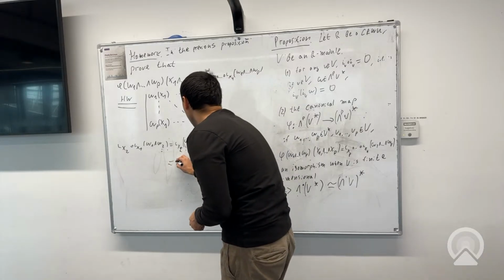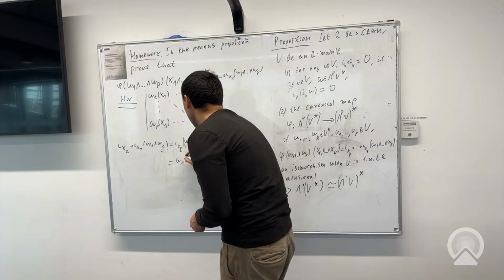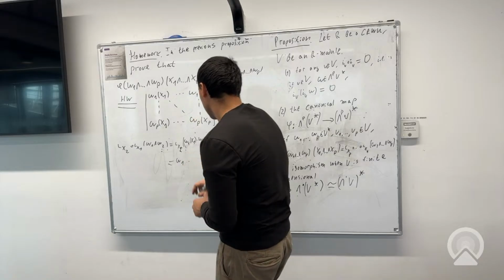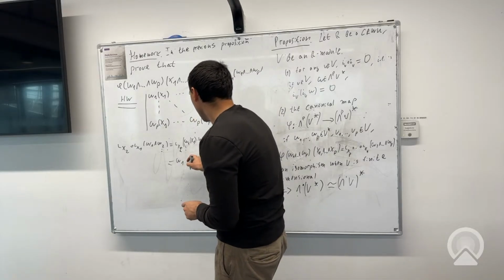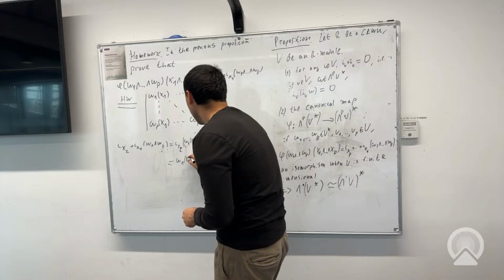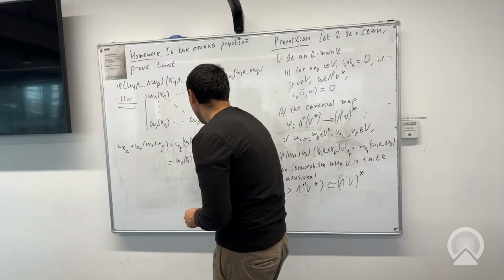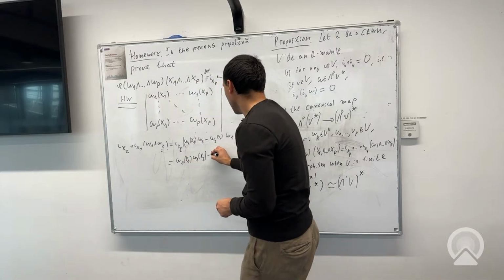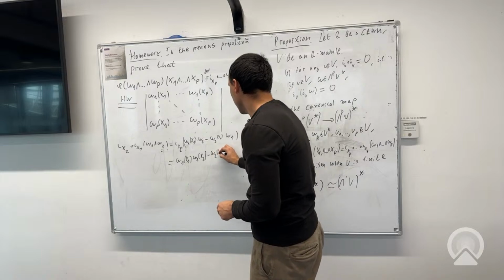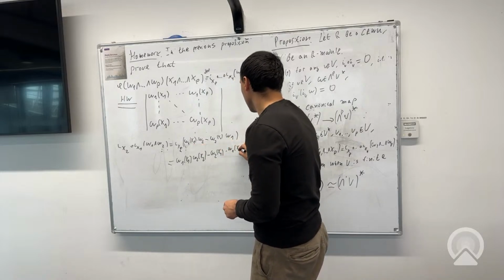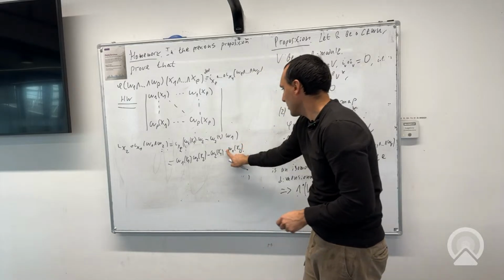And this is omega 1 of x1 times omega 2 of x2 minus omega 2 of x1 times omega 1 of x2. Yes.